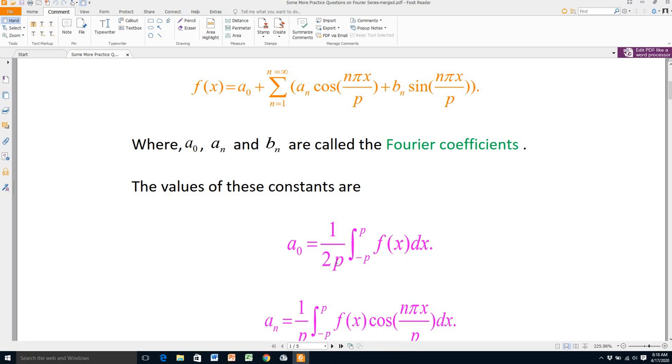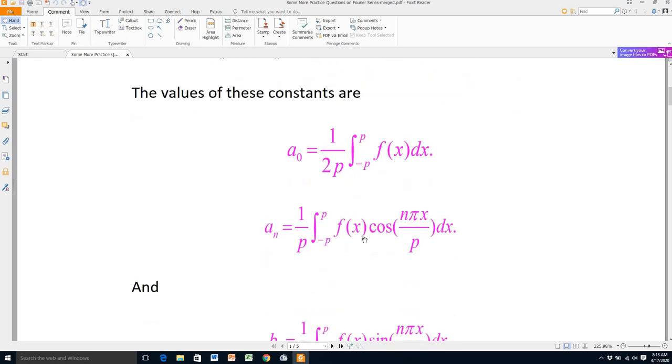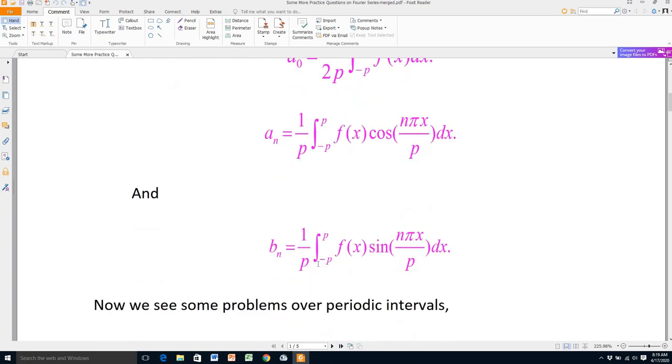So kindly correct it in the previous lecture where I introduced these coefficients. The value of a n is 1 over p times the integral from minus p to p of f of x cos n pi x over p dx. And the third one, b n, is 1 over p times the integral from minus p to p of f of x sin n pi x over p dx.